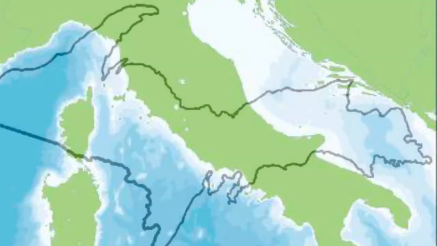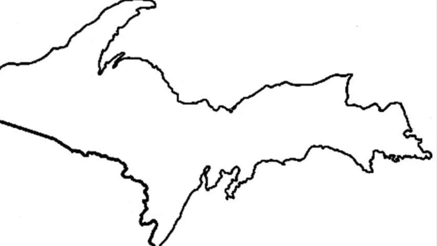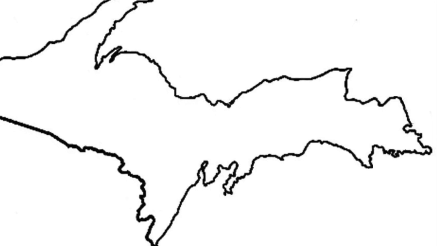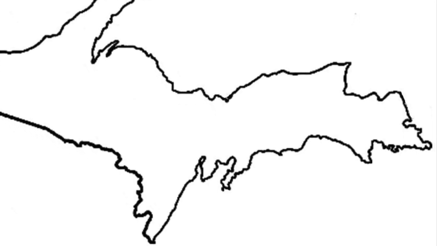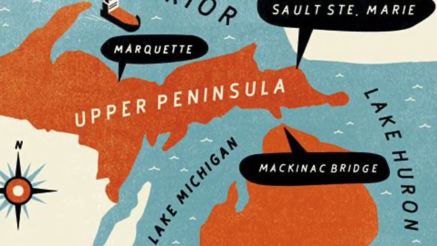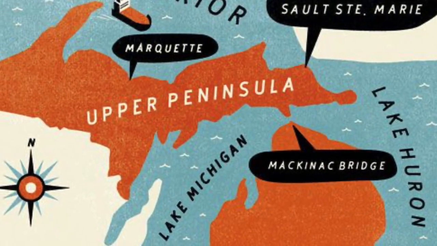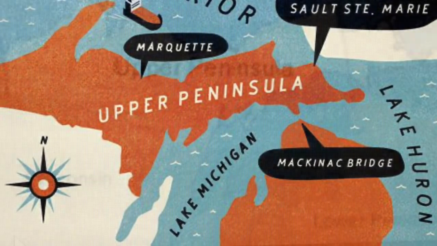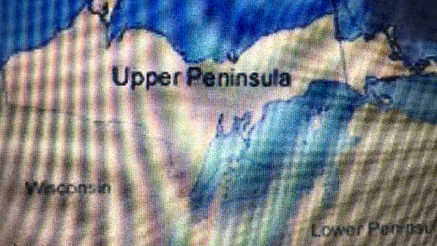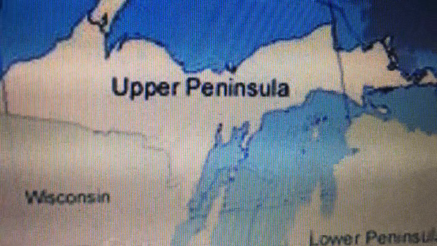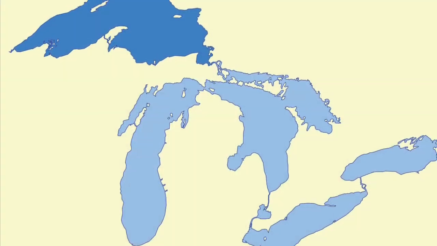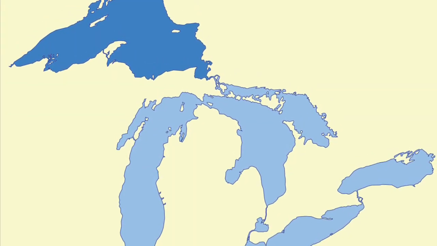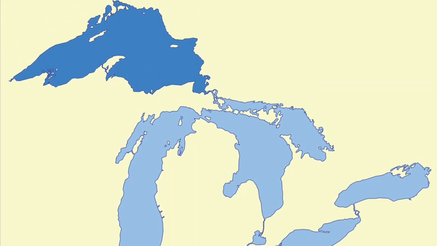Italy is a peninsula. And if you remember reading the other day, we learned that Michigan has an upper and a lower peninsula. That it has an upper and it has a lower peninsula on it.